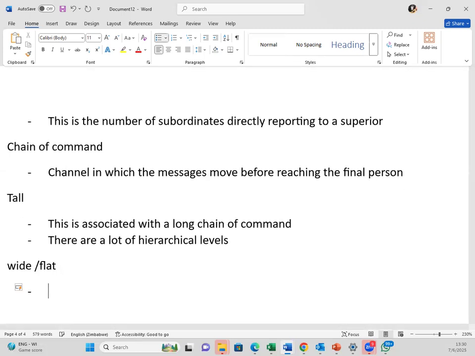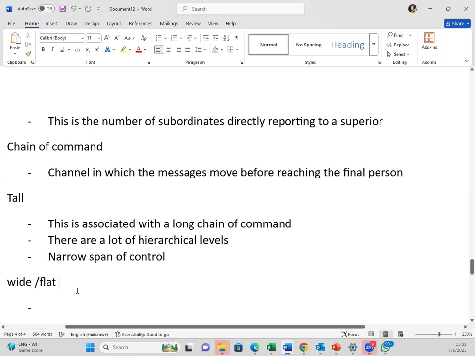With a tall structure, the manager has fewer people under them, so there is a narrow span of control. If it's a tall structure, the manager normally manages a small group of people.